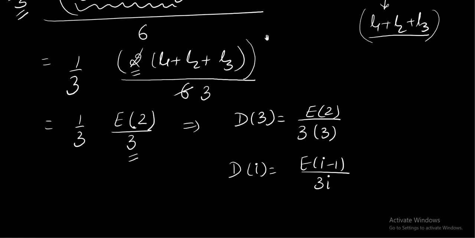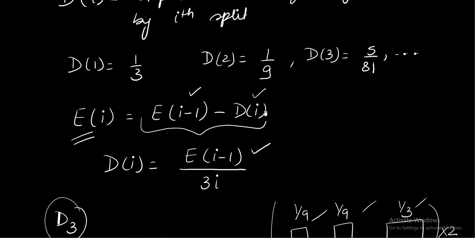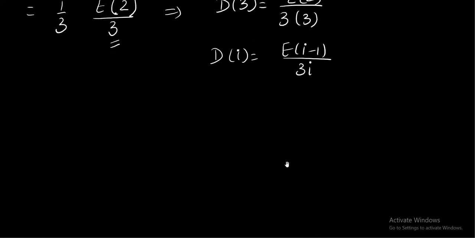Now we are going to put it in the formula that we have written previously, and then we will get a recurrence relation between Ei and E(i minus 1). So what is Di? I'm going to put it over here. Let us go back. The value of Di we have evaluated.